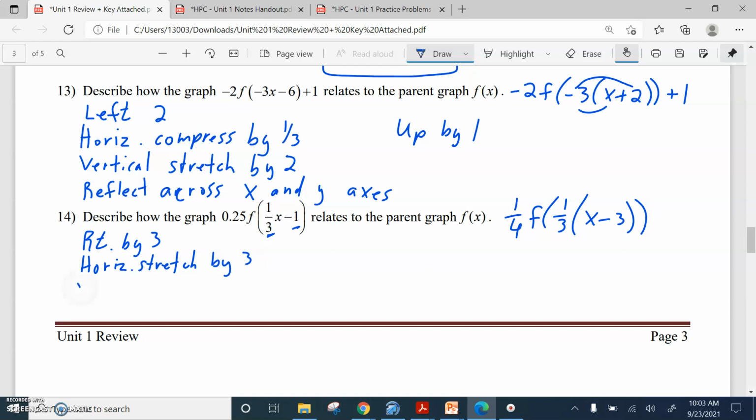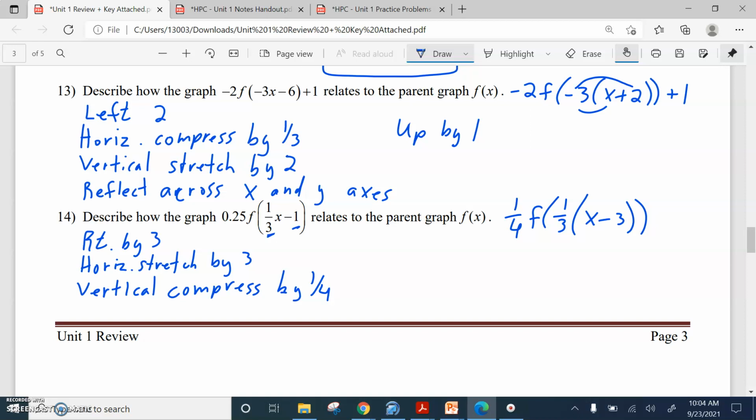And then we also have the vertical. And that fraction becomes a compress. So they're kind of opposites, vertical and horizontal. So that's a vertical compress by 1/4. So we got our multiplications. We don't have any negations. We have no shifting up and down. We are done. So there it is.